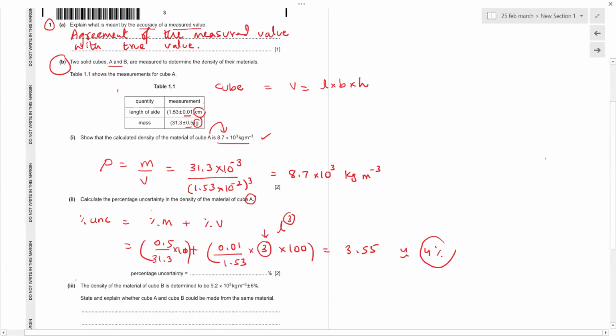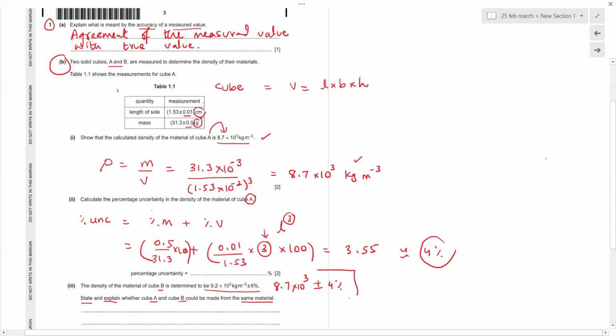So next, part 3 says the density of the material of cube B is determined to be 9.2 × 10^3 plus minus 6%. State and explain whether cube A and cube B could be made of the same material. So we have density for cube material A, that is 8.7 × 10^3, and the uncertainty is 4%. So the exact measurement would be 8.7 × 10^3 plus minus 4%.